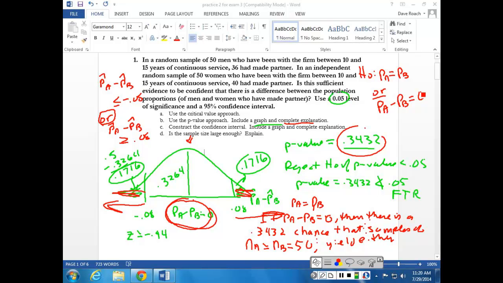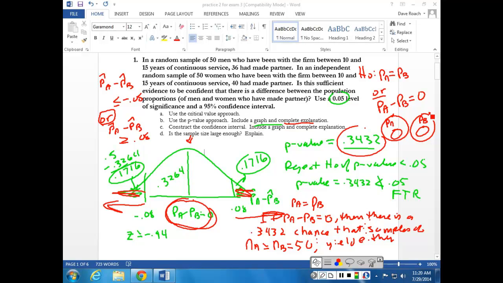I'm going to put this back into a picture that we had long ago, except it's a little bit different. What we have is two populations and two samples. So we have PA and PB, which, for males and females, our hypothesis is that the proportion of promotions are the same in both.